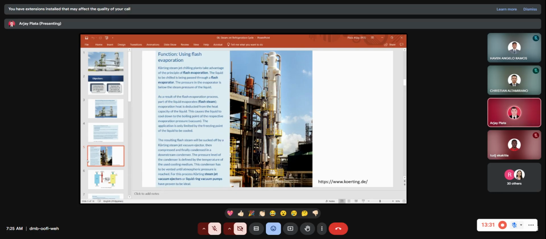As a result of the flash evaporation process, part of the liquid evaporates as flash steam. Evaporation heat is deducted from the heat capacity of the liquid. This causes the liquid to cool down to the boiling point of the respective evaporation pressure. The application is only limited by the freezing point of the liquid to be cooled.